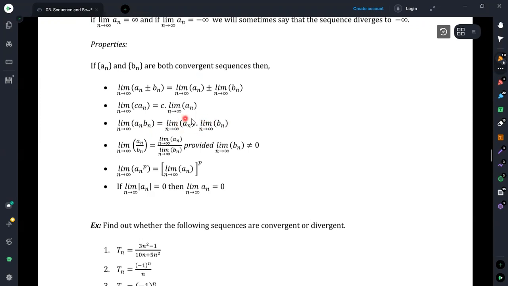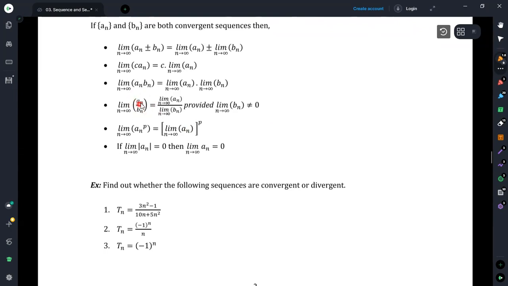Then we take the multiplication of two finite values, and again we'll get a finite value. Therefore, if you obtain a new sequence by multiplying two existing convergent sequences, the new sequence will also be a convergent sequence.